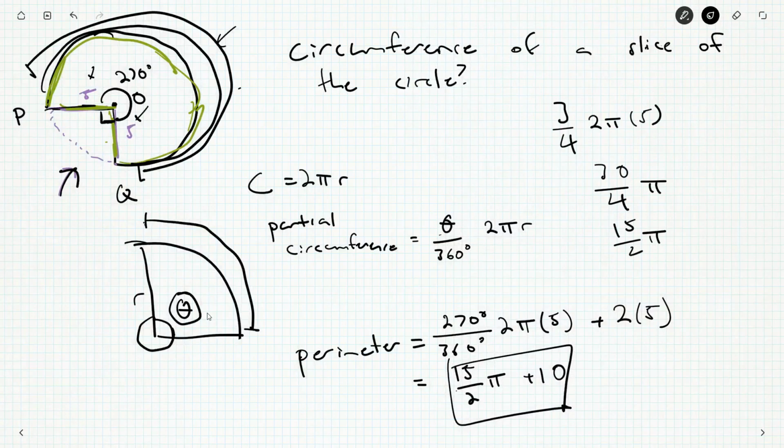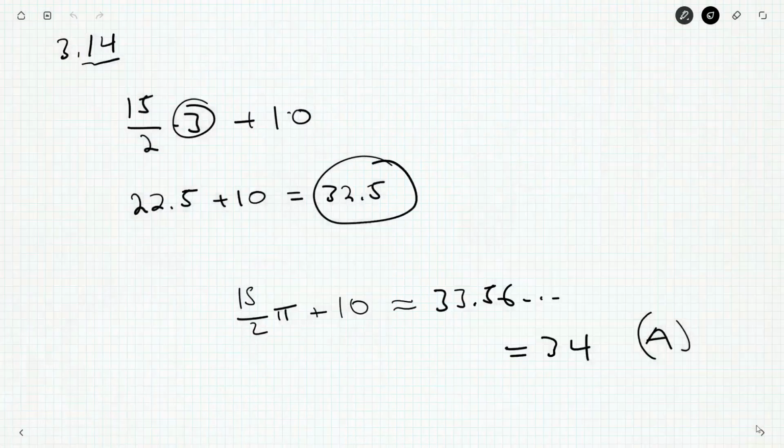And then, yeah, we have to add on OP and OQ, and so that's 2 copies of 5, which is 10. So 15 over 2 pi plus 10. Yeah, that's the right answer. Okay. Just a little nervous there because all the numbers were really big and far away. But okay, we double checked it. I confirmed it to my satisfaction.